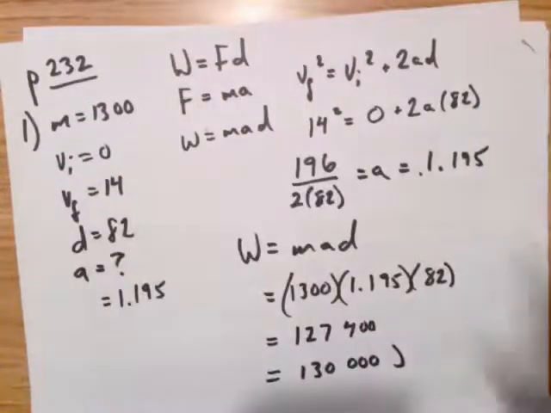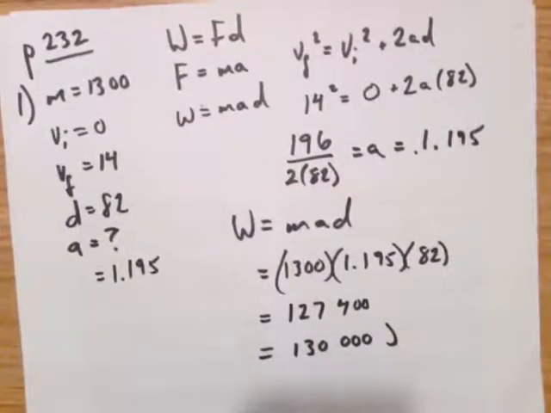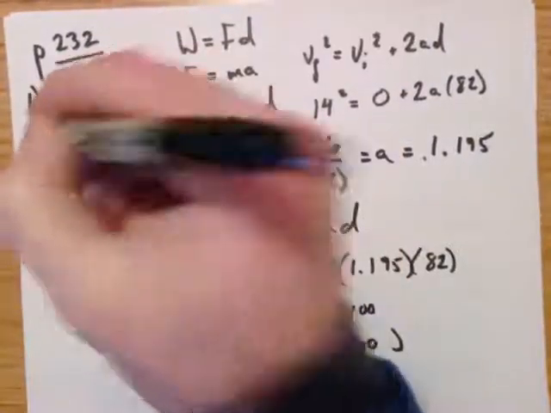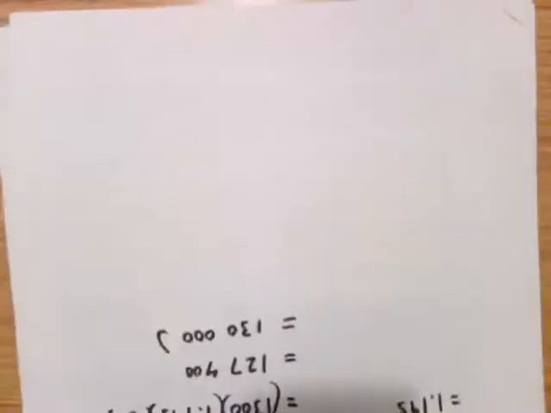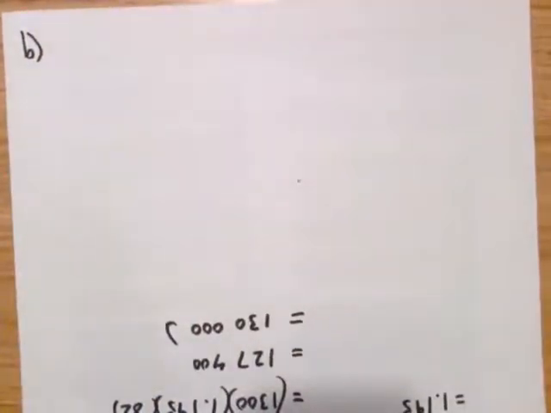All right. That was one number. Oh, that was 1A, sorry. Let's do 1B. I'm going to flip the page over because I'm weird like that. B says, calculate the net force acting on the car.